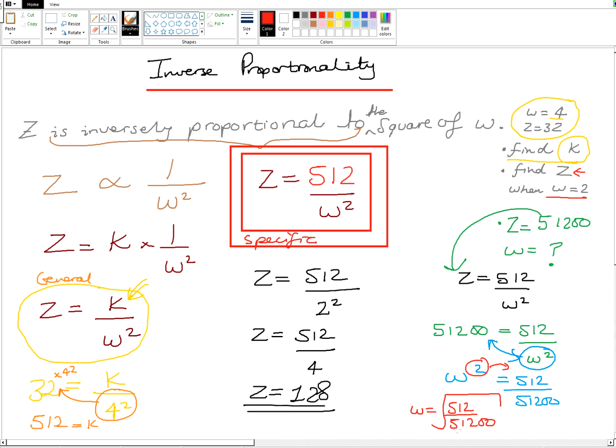To keep things simple, 512 divided by 512 is 1, and 51200 divided by 512 gives you 100. So W is the square root of 1 over 100, and that gives you the final W value of 1/10.